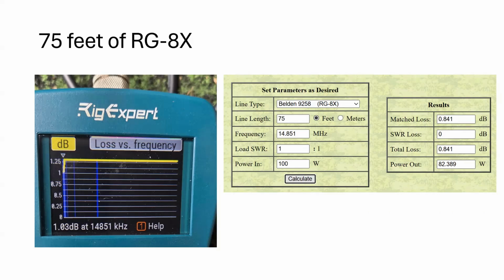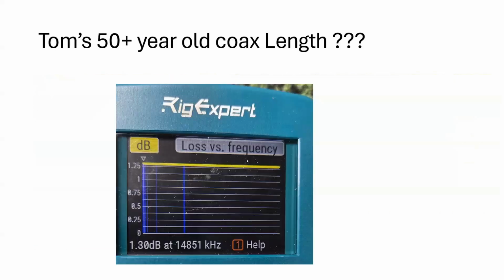Well, I actually used a feature that was beyond measuring SWR, and there you have it. It turns out that Tom's coax is probably 70 feet, who knows? But nevertheless, we measured 1.3 dB, and that's a reasonable value.